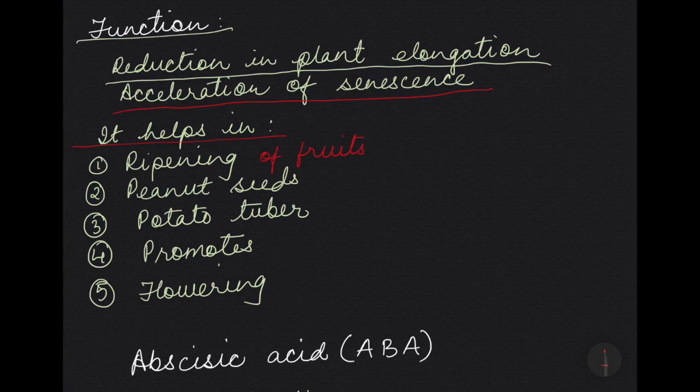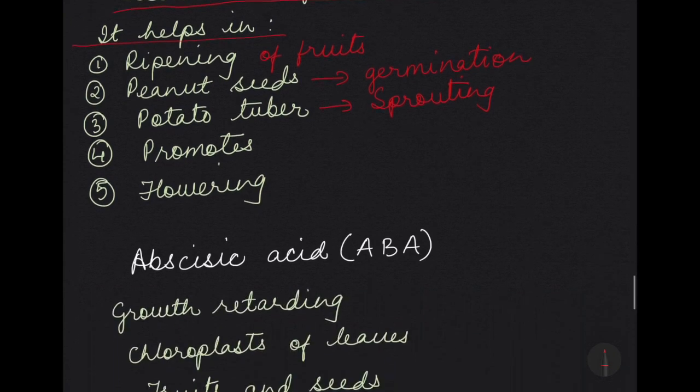and when bananas were kept with it, they also became ripe. And in peanut seeds, it helps in germination. Okay, then in potato tuber, it helps sprouting. Sprouting means new leaves come out from a potato tuber. That is, we are talking about what ethylene does, the hormone which is a gas at ordinary temperature.